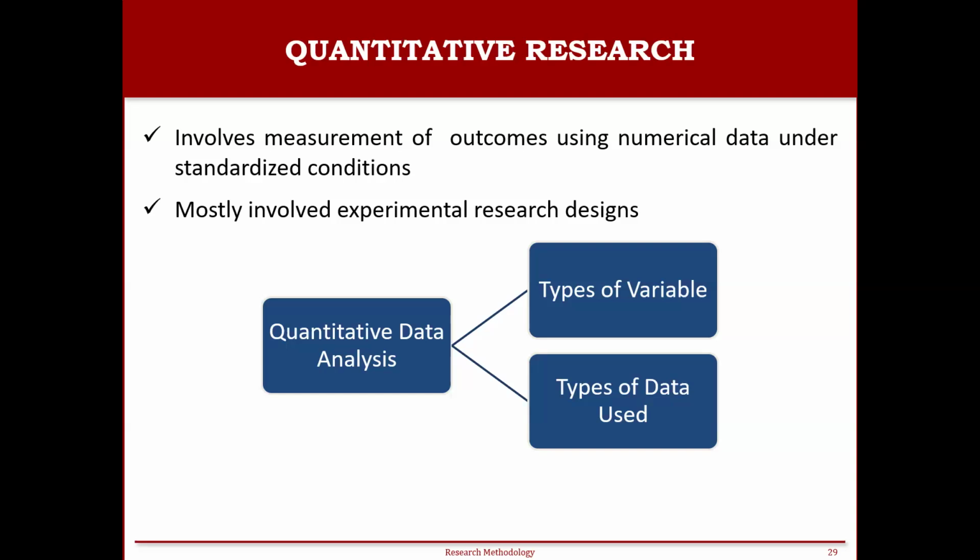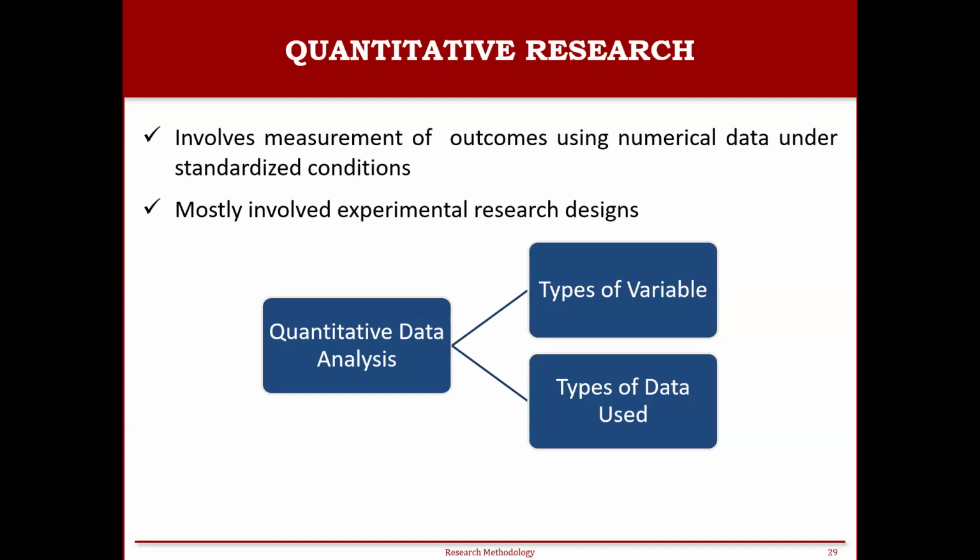And in these quantitative research methods, you can conduct experimental research designs as well, right? Quantitative research usually involves experimental research design. So in that case, researchers usually manipulate one variable in order to observe its effect on another variable, right? So that is the relationship between independent and dependent variable, right?